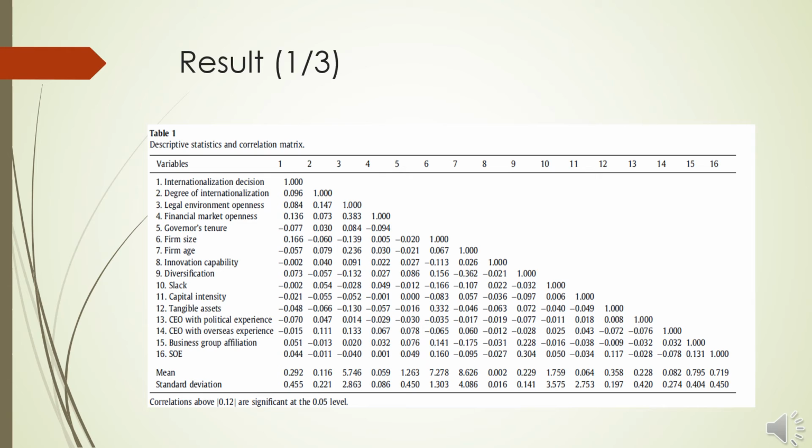For example, if it is towards -1, we can say that it is perfectly negative linear correlated. If it is 0, then there is no linear correlation. And if it is towards 1, then we can say that it is positively correlated with each other.